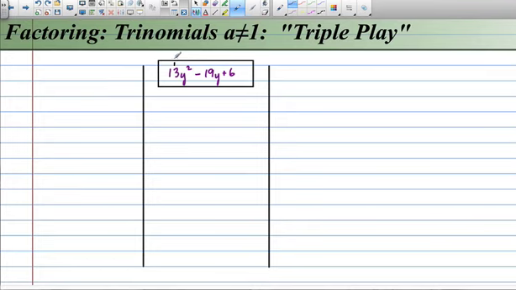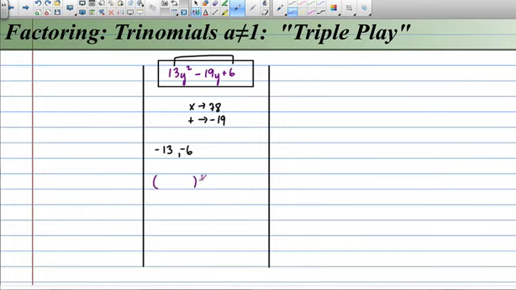Now the numbers are starting to get larger, so we need to find two numbers that multiply to give 78 and combine to give a -19. The numbers would be, and you can use your calculator, 13, 6, where they're both negative.